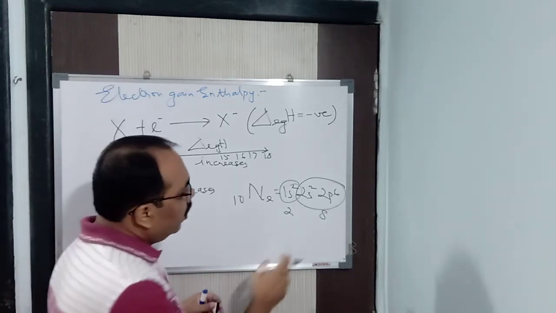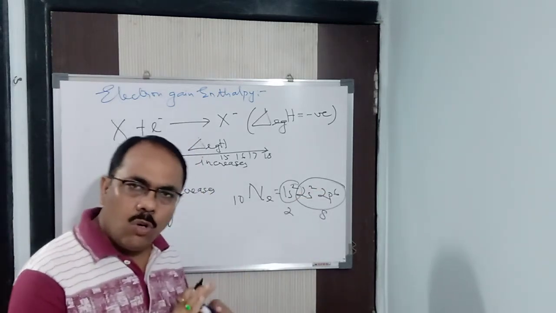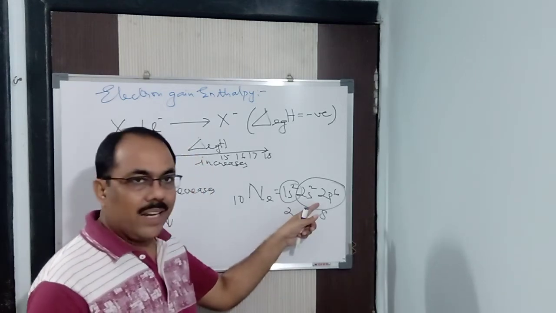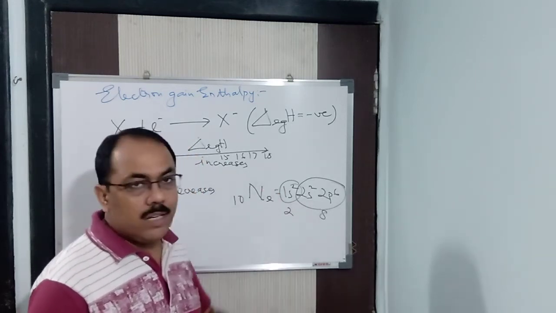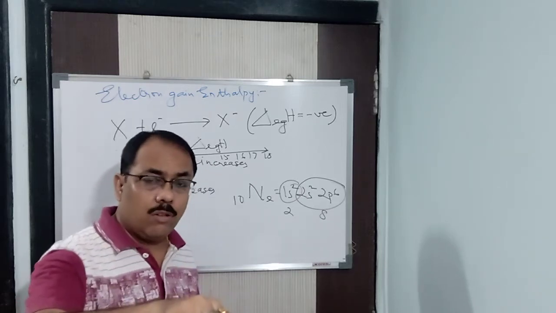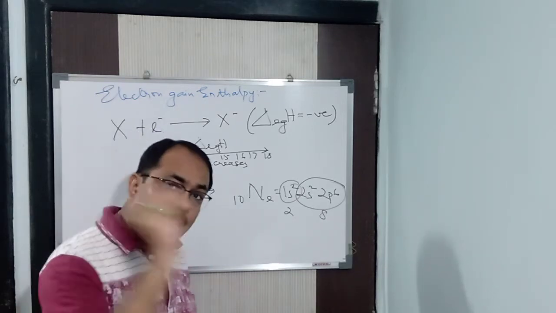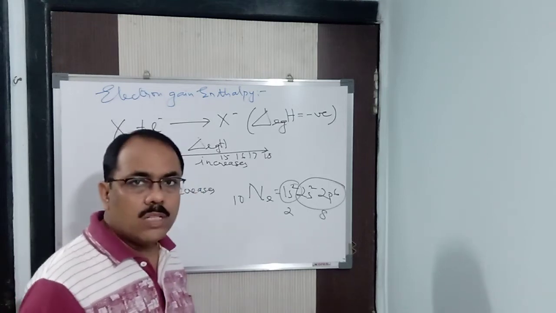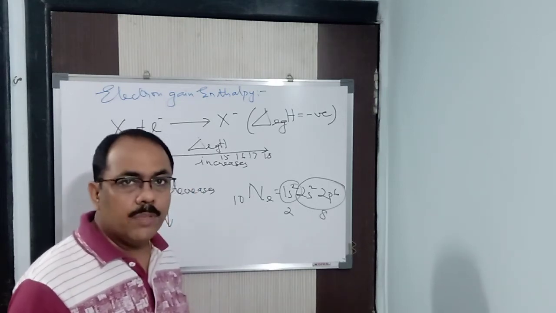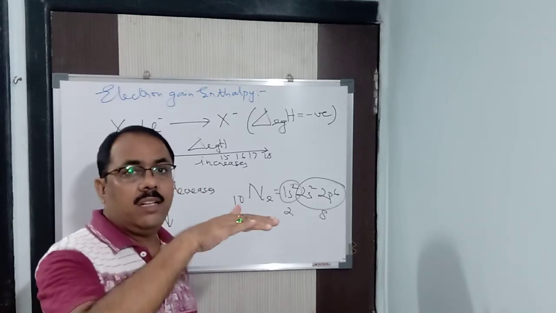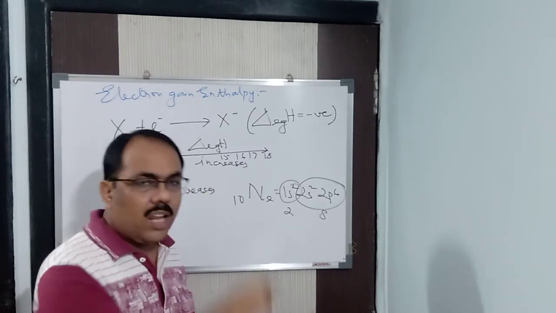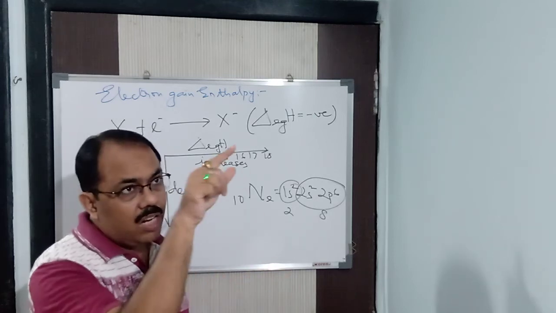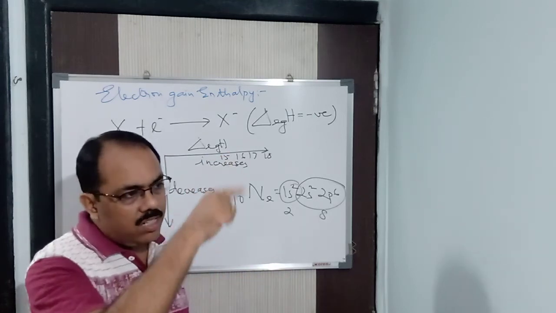Now, if you want to add an electron, first of all it has no tendency of gaining electrons because its shells are fully filled. But still, if you want to add an electron to it, listen carefully, you have to supply energy to it, a huge amount of energy, to bring that atom to the excited state. When you supply energy, an extra energy level will be created there.